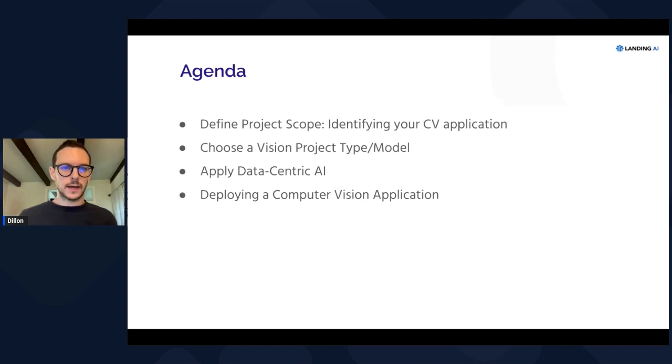Then, once you've chosen your project and your model, we'll go over how to apply data-centric techniques that you can use to iterate and improve your model performance. And then finally, we will deploy a computer vision application, and I'll show you some custom applications that you can find on our GitHub page and run yourself.